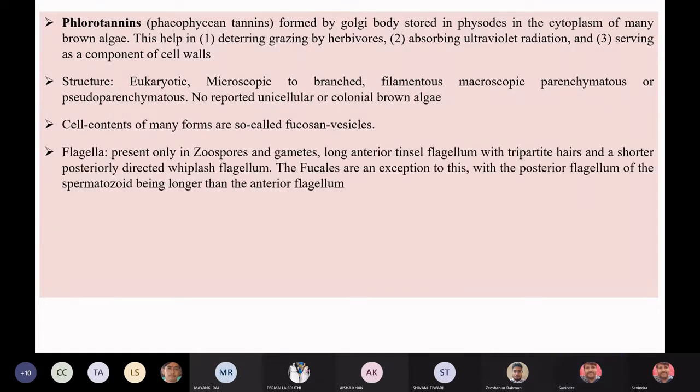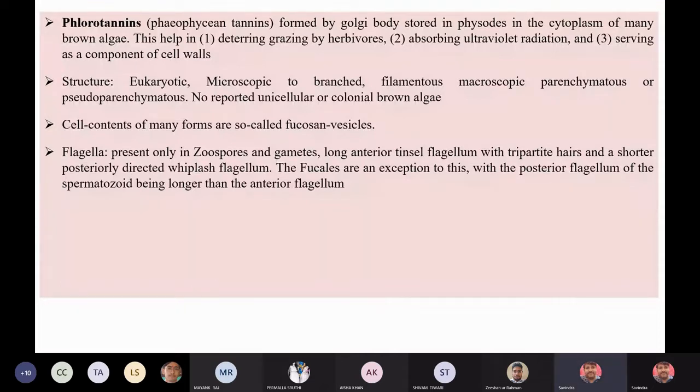Flagella are only present in zoospores. Just as in Vaucheria we did not see flagella in the main thallus, in the same way the main thallus doesn't have flagella, whereas flagella or the motile stage is restricted only to zoospores and gametes. And if there are flagella, there are two kinds: a long anterior tinsel flagellum with tripartite hairs, and a shorter posteriorly directed whiplash flagellum.